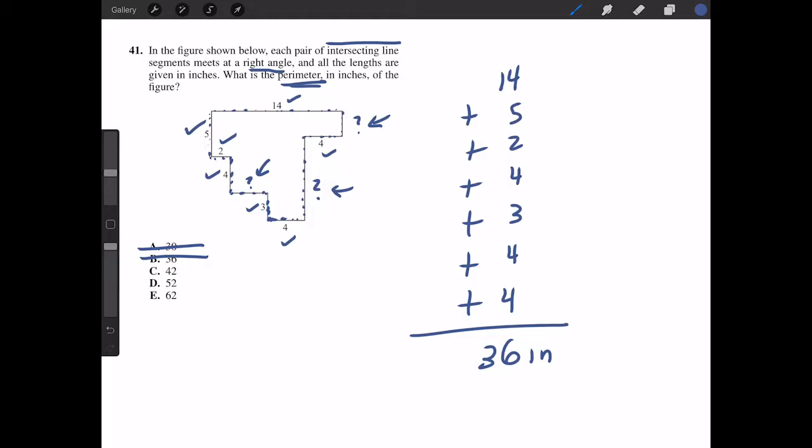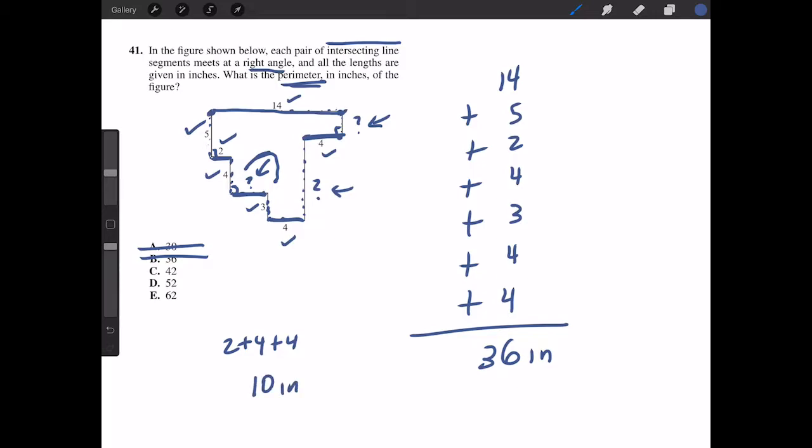Well, let's see. The first thing that I will do here is let's try to figure out this distance right here. So we know that from here to here we have 14 inches. Now, because everything is a right angle, all of them, I can make the following assumption. If this is 2, and this is 4, and this is 4, that gives me 2 plus 4 plus 4, which is 10 inches.